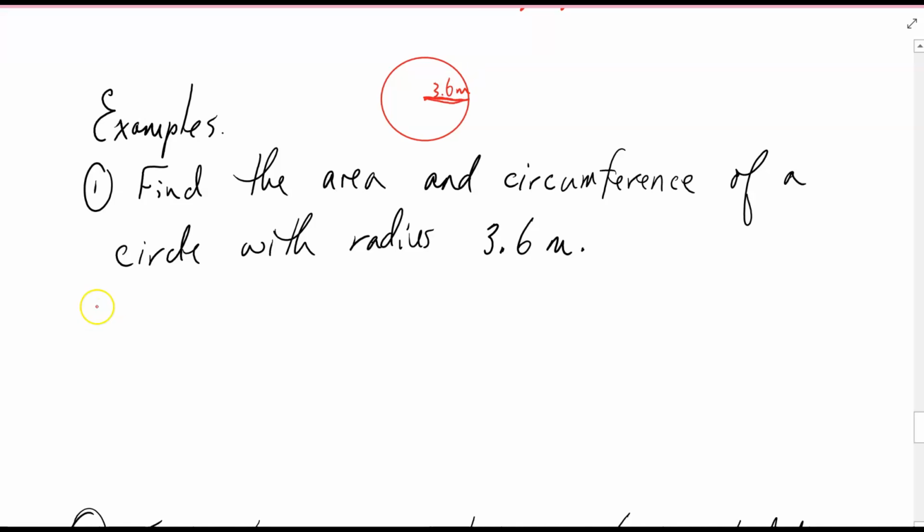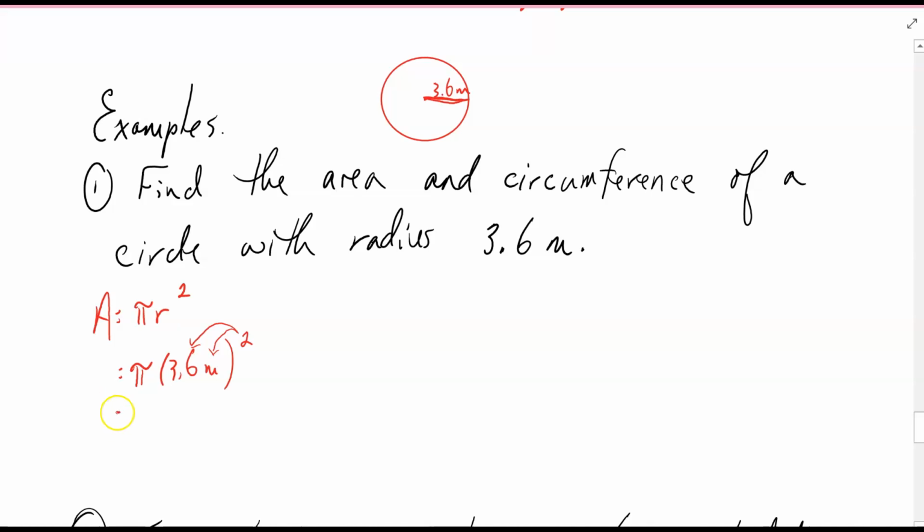The area is pi r squared, which is pi multiplied by 3.6 meters, squared. Notice I put brackets around that because my square must happen to the number and the unit. Once I square the number and I square the unit, I will not need the brackets anymore.